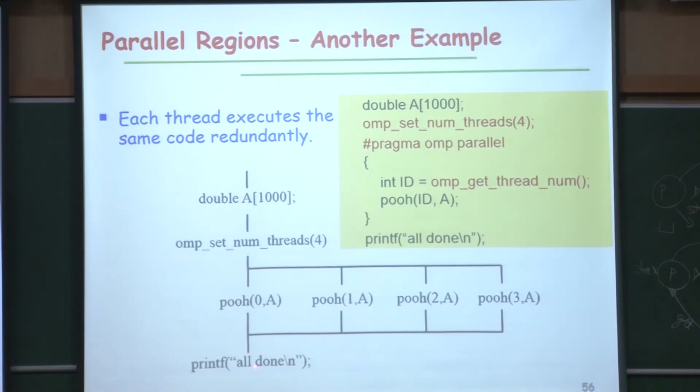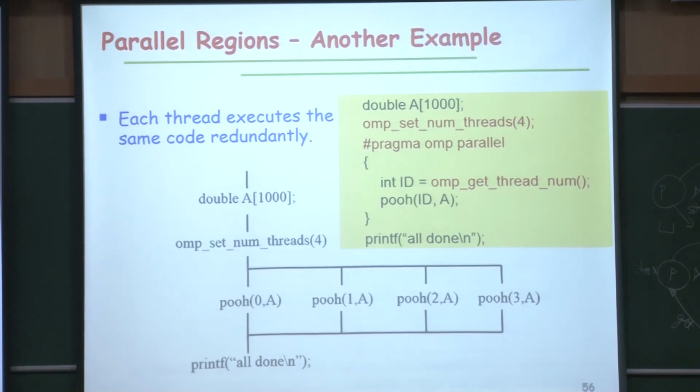Remember that this pragma OMP parallel is only for this structured block. So, the print is going to be executed only by the master thread, and whenever you have a pragma OMP parallel ending, there is an implicit barrier there. That means I can execute this statement only after all of these threads have completed executing the function poo.